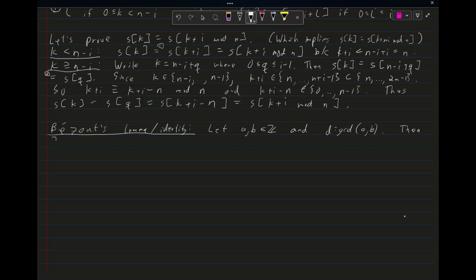Then there exist integers x and y such that ax plus by equals d. And in fact, the set ax plus by, where x and y are integers, is precisely equal to the set generated by d.